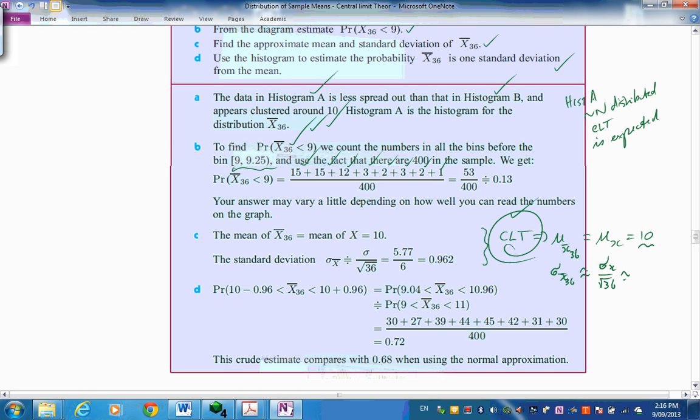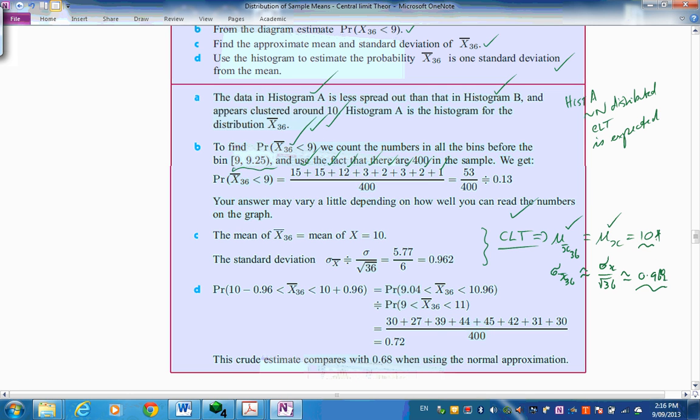So this will be approximately 0.962. You're often asked to show that in exams. So you must quote, by the central limit theorem, this statement must be made before putting it equal. Because often it's to show that the means would be distributed with a mean of 10 and a standard deviation of this.